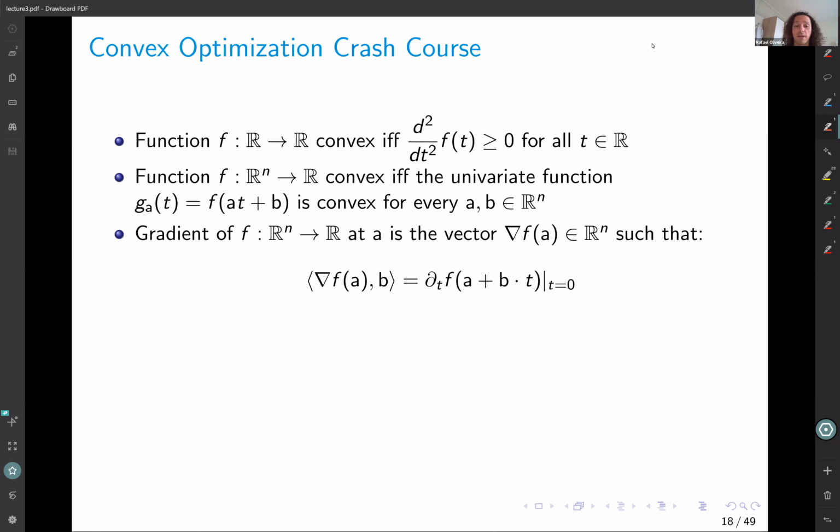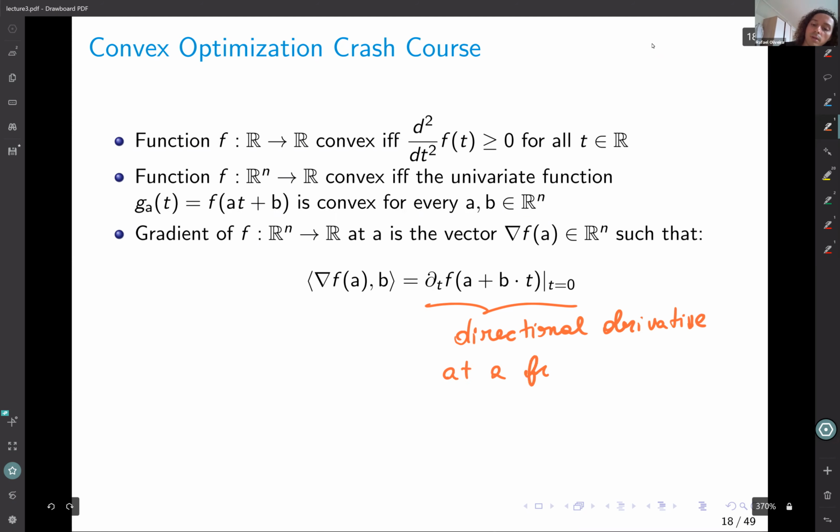The gradient of f at a point A is the vector, which we denote by the gradient of f at A, in Rn, such that the inner product of the gradient with B is exactly equal to the directional derivative at A in direction B. So if I take the inner product of the gradient with the direction, we get exactly the value of the directional derivative.